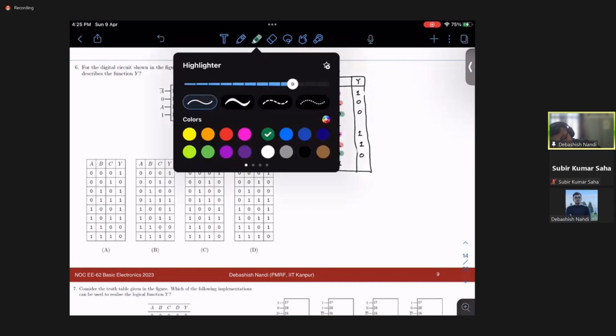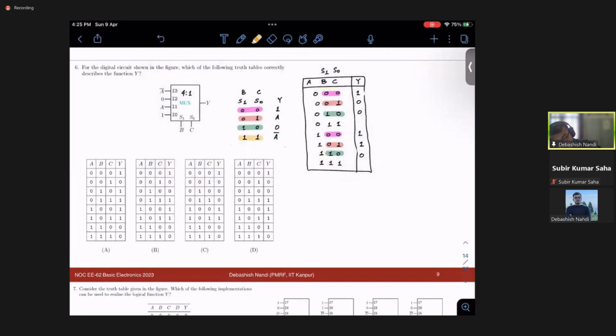And then we have this 1 1 1 1, we will have A bar, so 0 will be 1, 1 will be 0. So what do we have? We have 1 0 0 1 1 1 0 0.